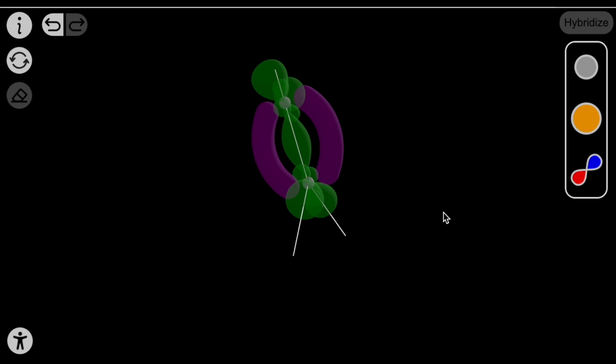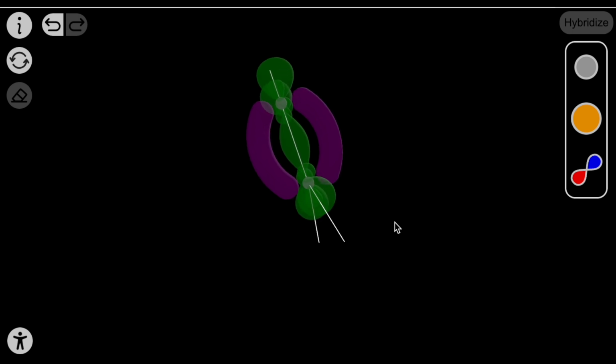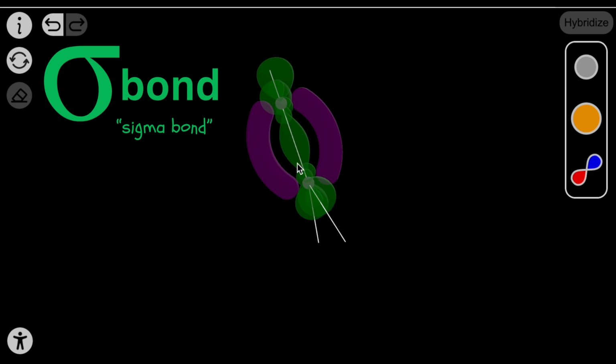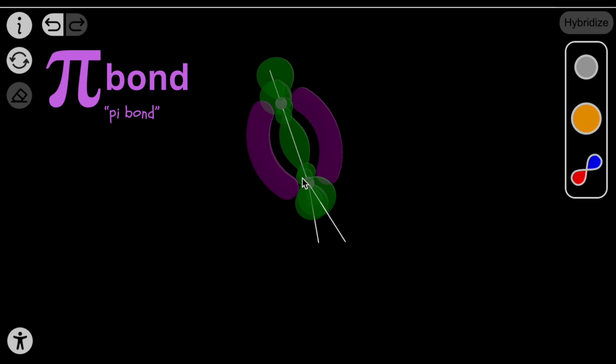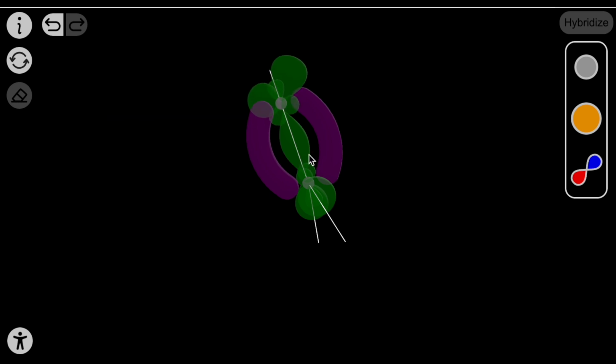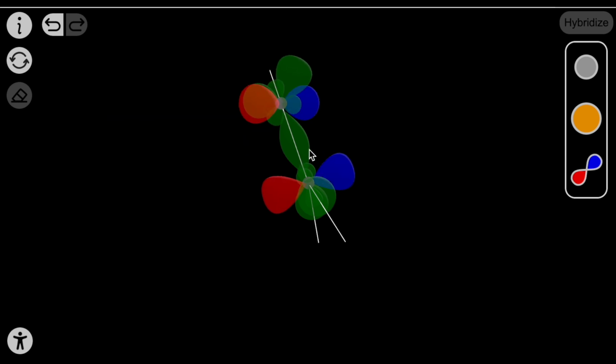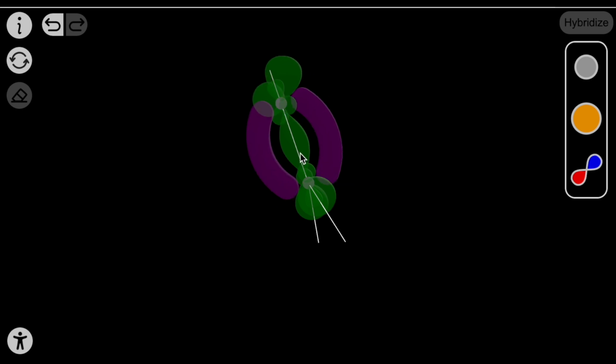Notice the hybrid and the p orbitals overlap to give 1 sigma bond and 1 pi bond. The pi bond goes above and below the internuclear axis. Now you'll notice when I try to rotate, it breaks that pi bond.